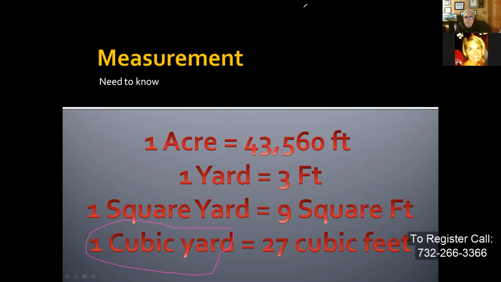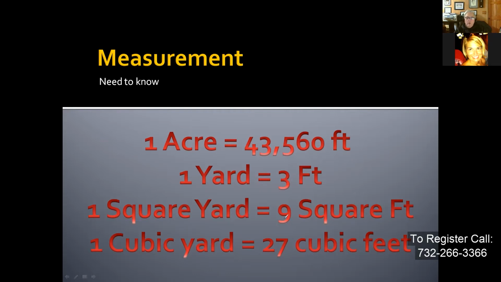And if we back up, 1 square yard, and again, square means 1 yard times 1 yard, which is yards to the second power, and anything to the second power is called the square. So 1 square yard, and there's 3 feet in the yard. You'd say 3 feet times 3 feet is 9.